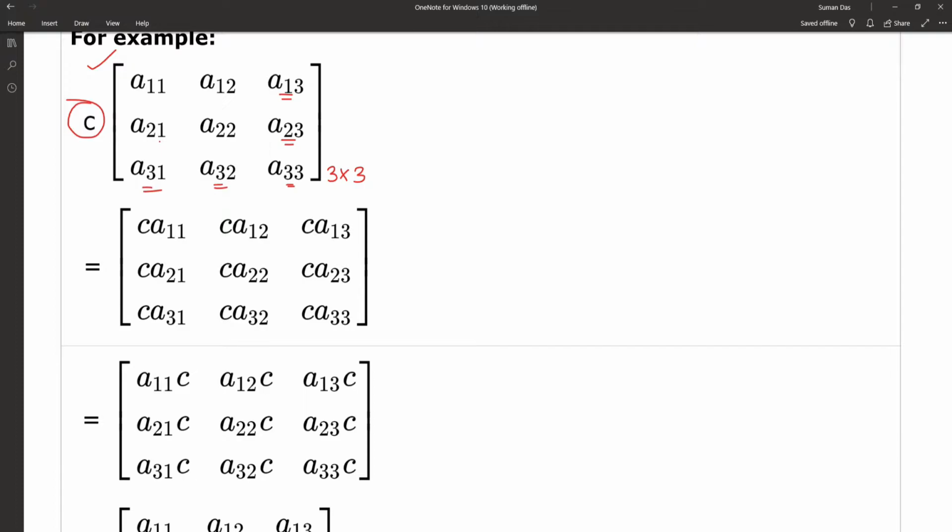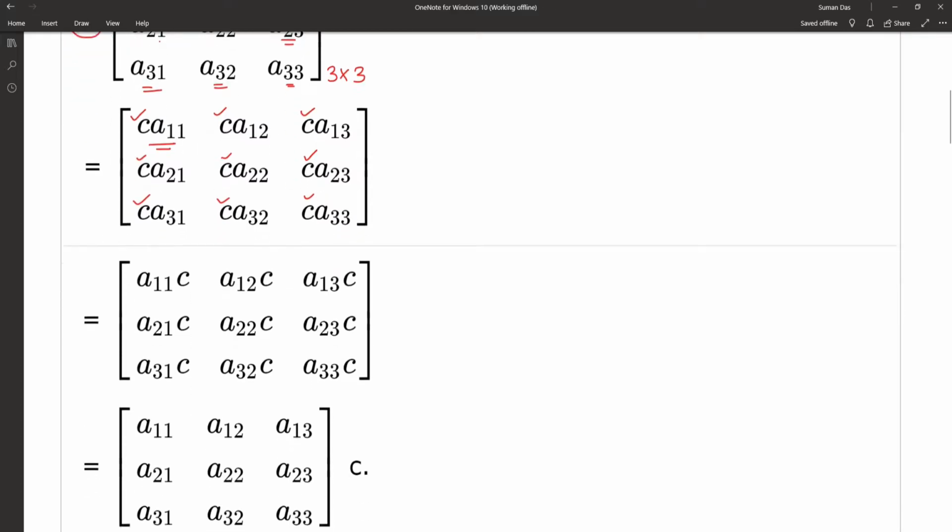Now after multiplication, that means C into that matrix, each and every element is multiplied by the scalar number.